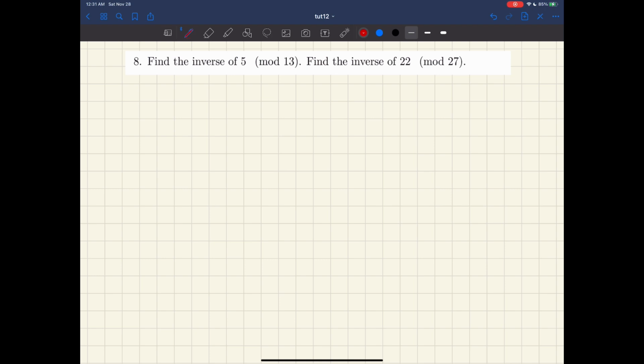For the 8th question, we have: find the inverse of 5 mod 13 and 22 mod 27. Now, one thing to note here is that the inverse of A mod B will exist as long as the GCD of A and B is 1.